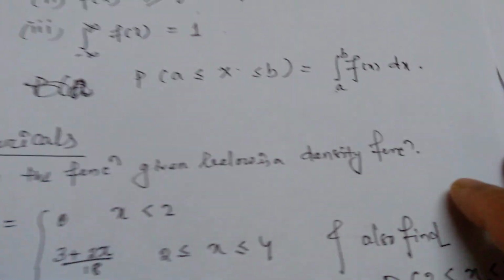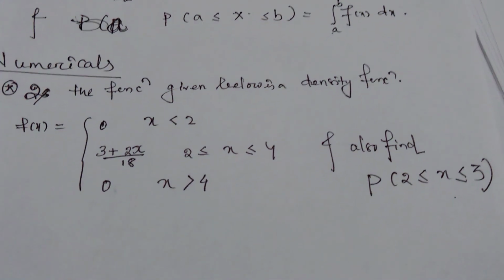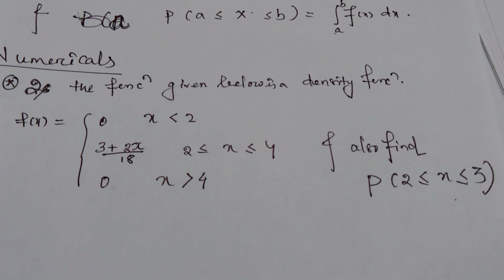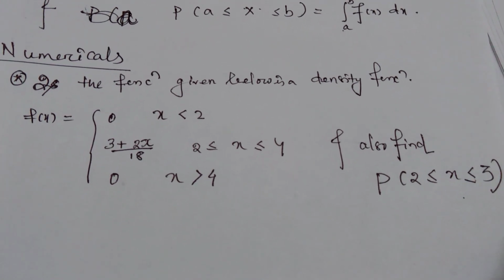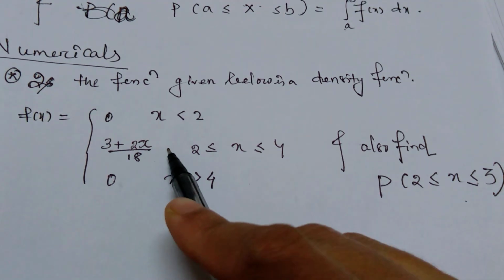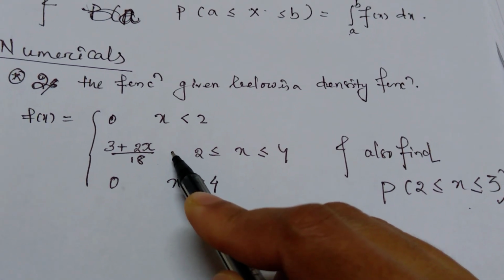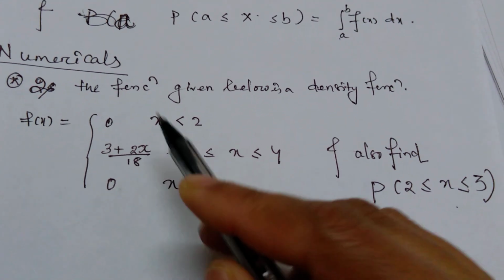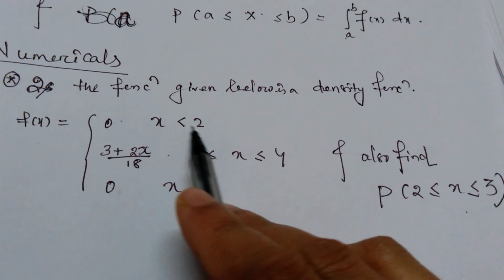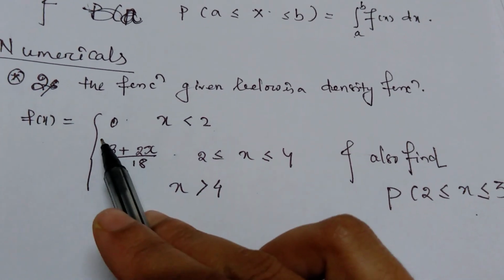Okay, now we will discuss one numerical. Is the function given below a density function? We have to check whether the given function is a density function or not. It is given that f of x is equal to 0 for x less than 2, so for x less than 2 the value is 0.